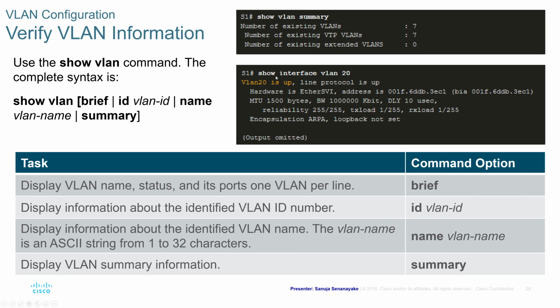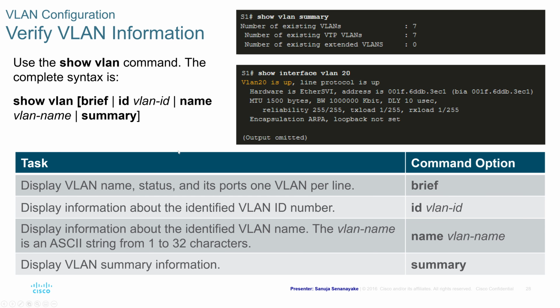And right here we have show interface vlan 20, which will also give some information with respect to that VLAN 20. Here are some examples of options you can add to the show vlan command.